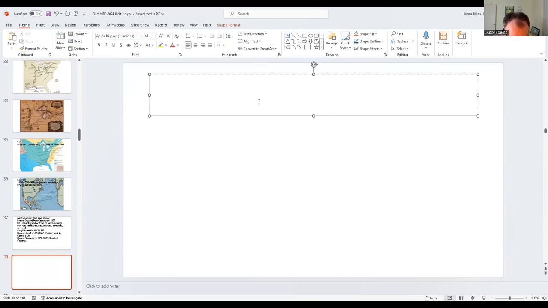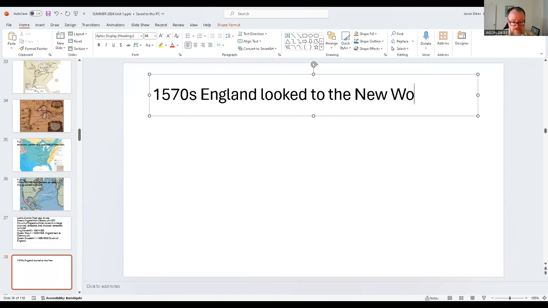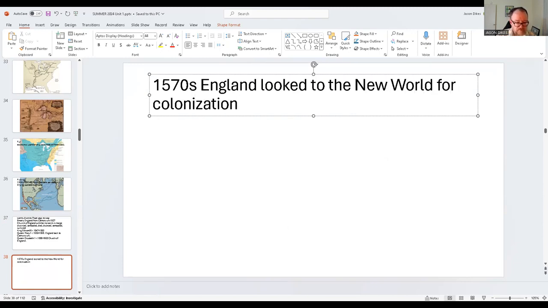Why is that? In the 1570s, they look to the New World for colonization. And there are three reasons.